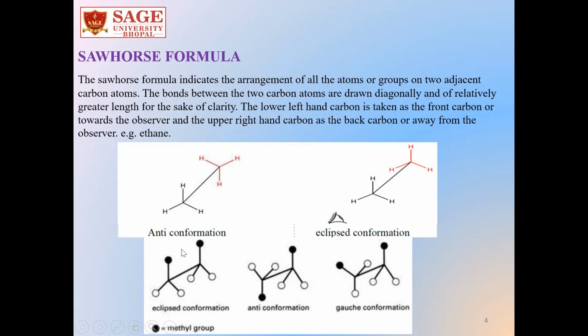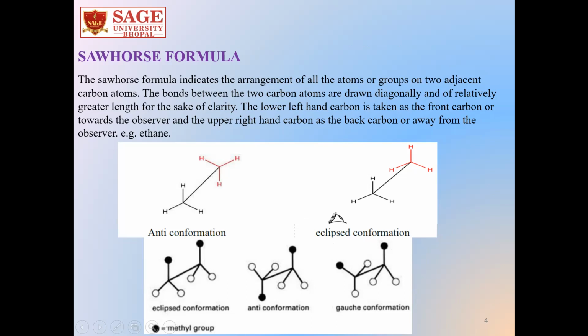Similarly here, when the angle between them, like this and this, lower left and lower left, and then right side and right side, is 0 degrees, this will be eclipsed conformation. When the angle between them is 180 degrees, that will be anti-conformation.